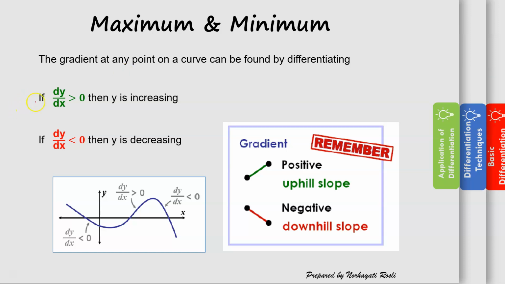If dy/dx is greater than 0, then we can say that y is increasing. But if dy/dx is less than 0, then y is decreasing. Here we can see, for this example, dy/dx is less than 0, meaning the value is negative, so the graph pattern is decreasing.